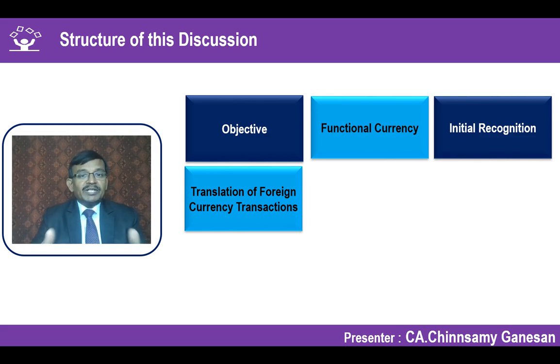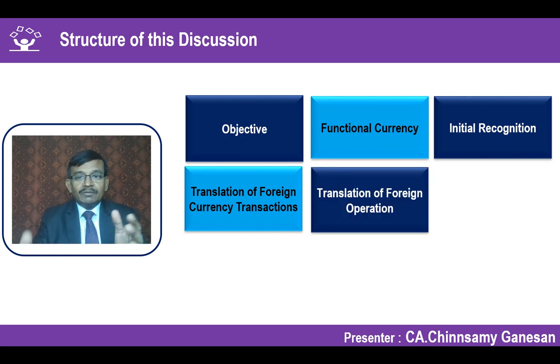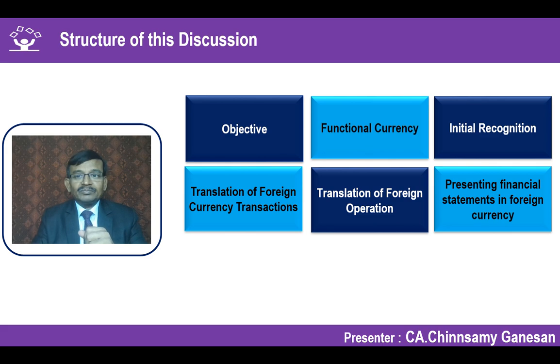And subsequent measurement, that is how the foreign currency transactions have to be translated into the functional currency or the presentation currency, in case the functional currency and presentation currency are different, what is the accounting treatment which we have to do? Similarly, how the foreign operations or investment in foreign operation has to be translated when accounting under this particular standard.